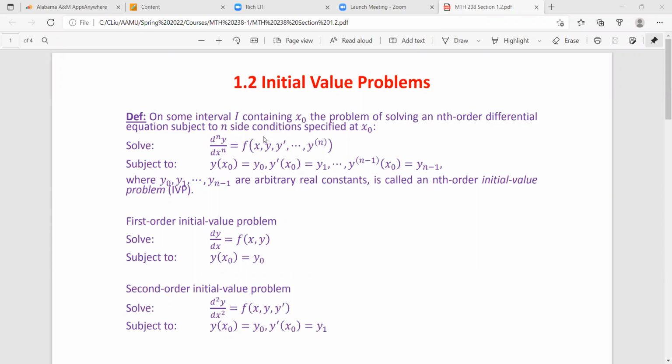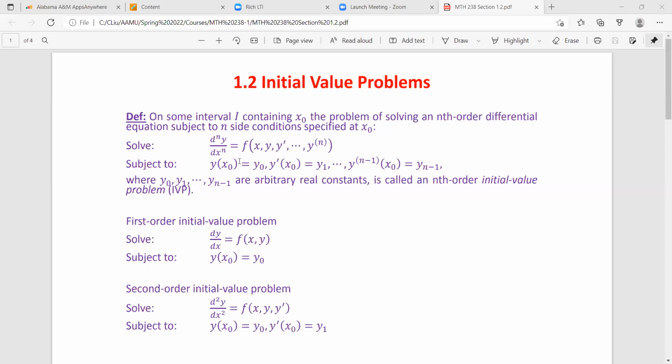And in this equation, we only have two variables. x is the independent variable and y is the dependent variable. We are trying to solve for y as a function of x from this equation. And all the initial conditions are specified at one point inside interval I, and we call it x0.